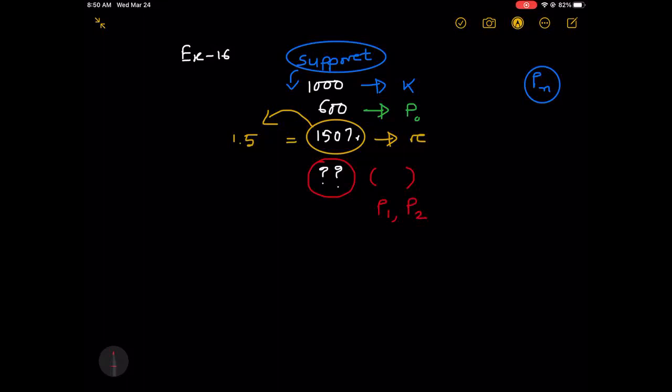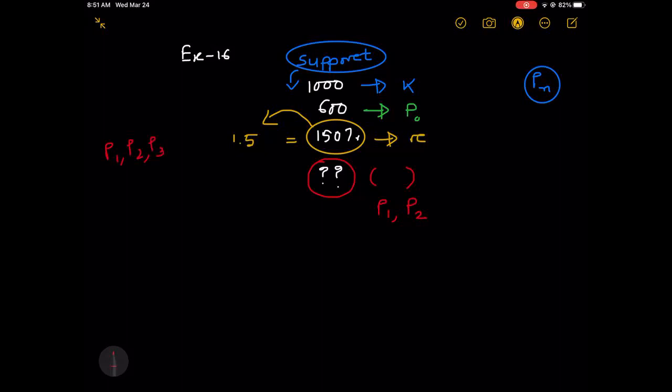I guess when we solved Try It Now 5, it said predict the next 3 years population. That means we actually solved it for P1, P2, and P3, right?